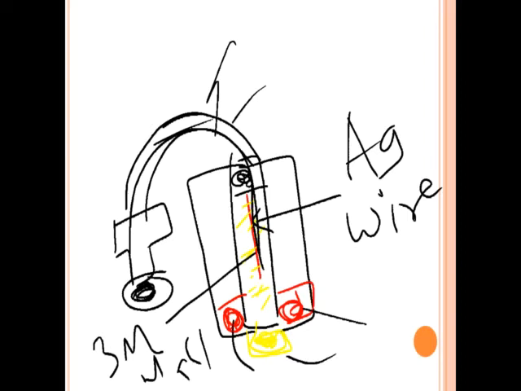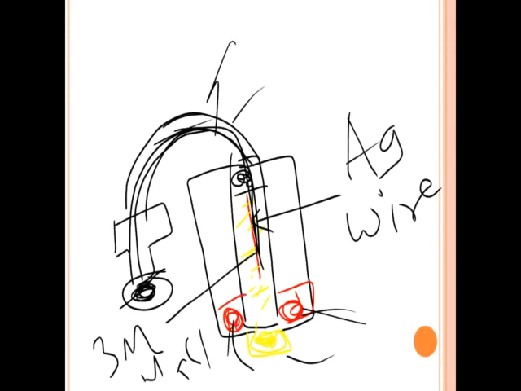So in this way the construction of the reference electrode, that is silver chloride, takes place. Inside, this red color is the silver wire, which is dipped in the 3 molar NaCl solution. This silver wire is attached to the gold plated contact. This is the gold plated contact. And around it is the plastic coated wire. At the bottom there is a grid, that is the porous frit made up of glass.